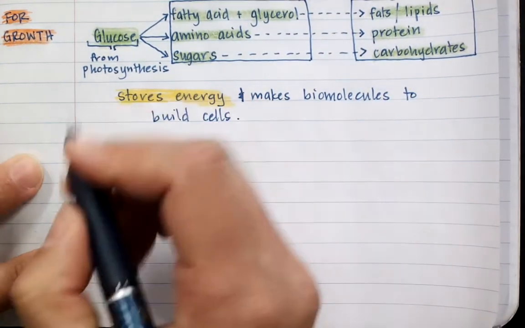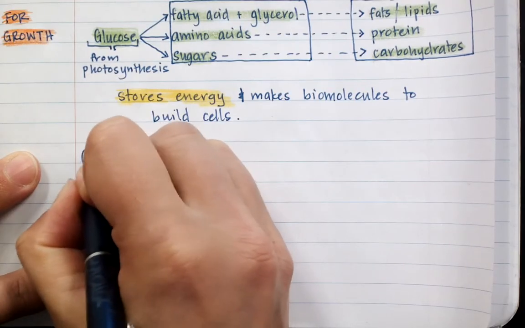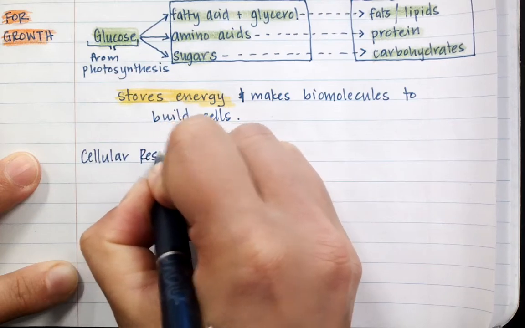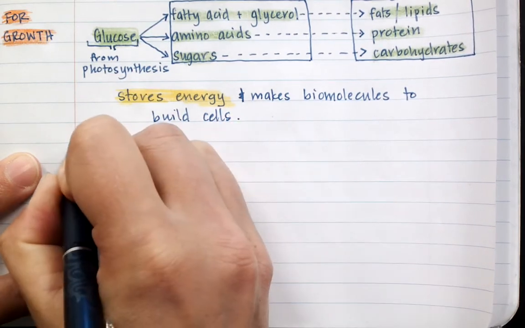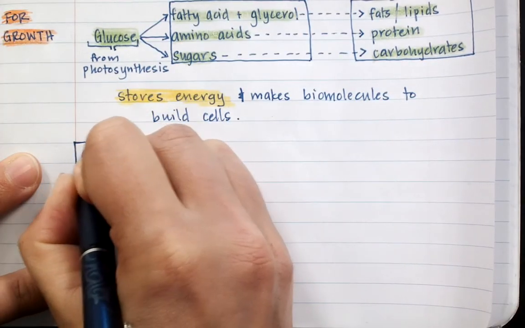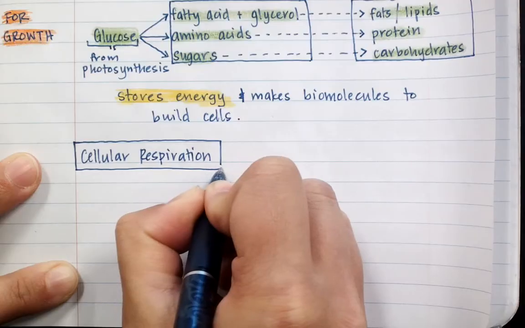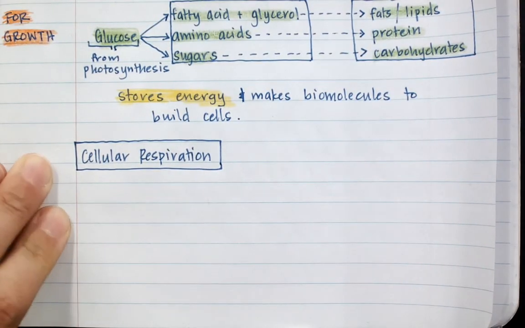So the last process is cellular respiration. And I don't want you to forget about cellular respiration just because it's last. A lot of times people think of plants and they think, oh, well, plants do photosynthesis. It's really important.